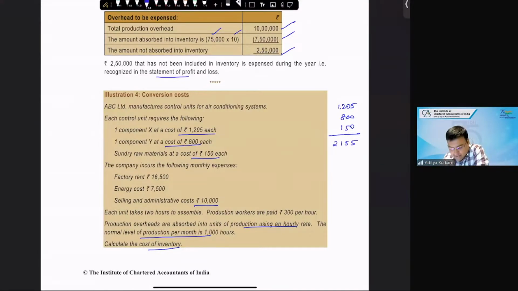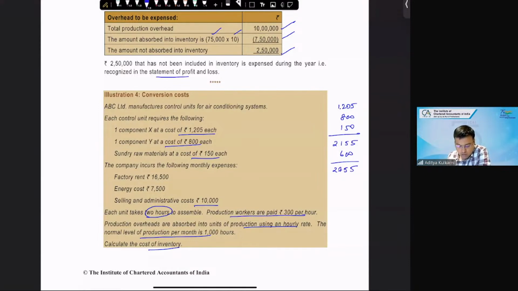Then for the labor cost, production workers are paid at 300, so 300 into 2, labor cost is 600, giving 2755. And then overhead absorption.